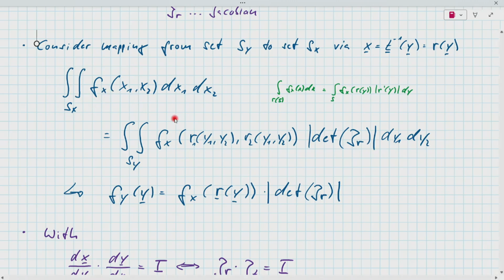And for doing that, we do a substitution very similar to that one, but here we now have the determinant of the JR Jacobian, so the Jacobian of the reverse mapping, similar to the one-dimensional case. Why is that so complicated? Because you have locally linear transformations, and the Jacobians comprise this locally linear mapping.